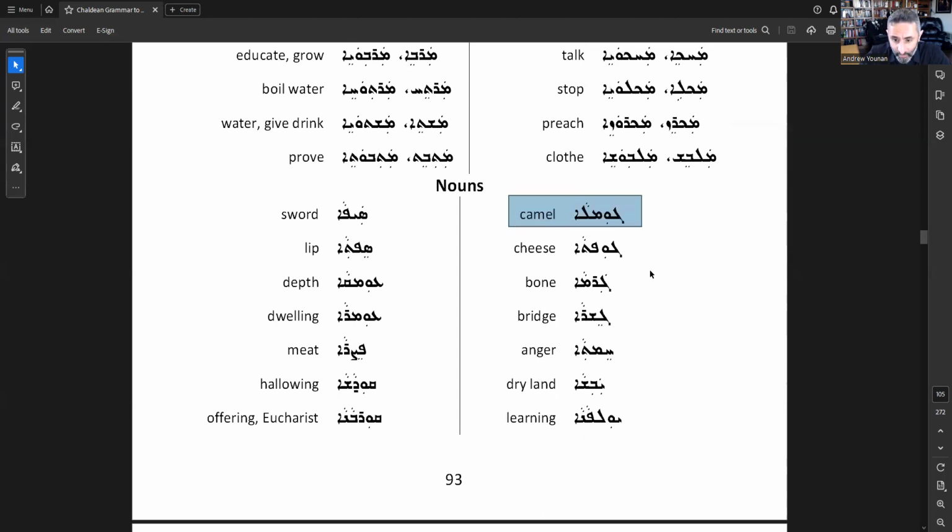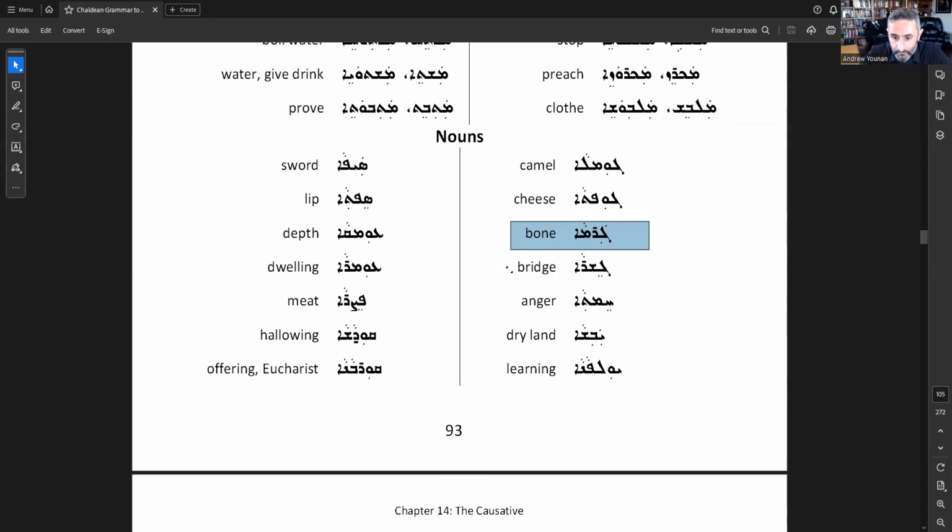Nouns: gumla is camel, gupta is cheese, garma is bone, gishra is bridge. These are nice words. Hemtha is anger. Yausha is dry land. Yulpana is learning. Sepa is sword. Siptha is lip, as in your body part.